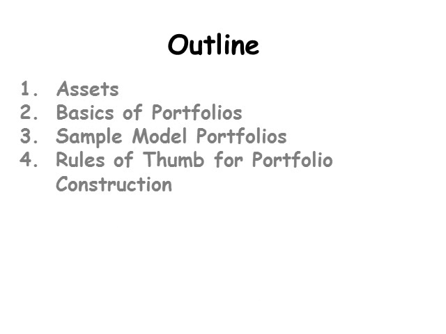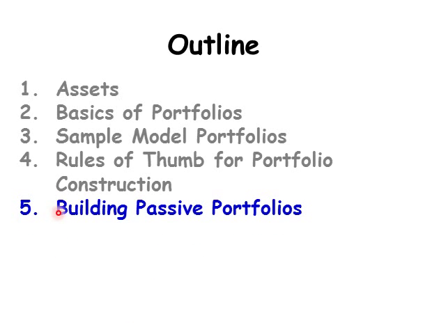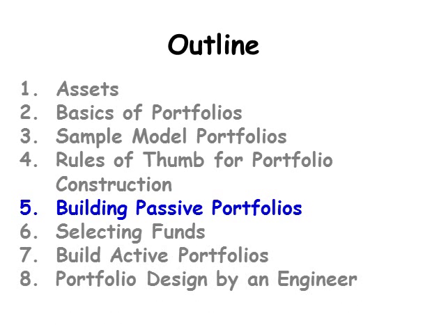Okay, let's go to the next section here. We already have gone through these first four sections. Now we'll go through building a passive portfolio, which we have done some of before already. After that we will go through these next three sections.